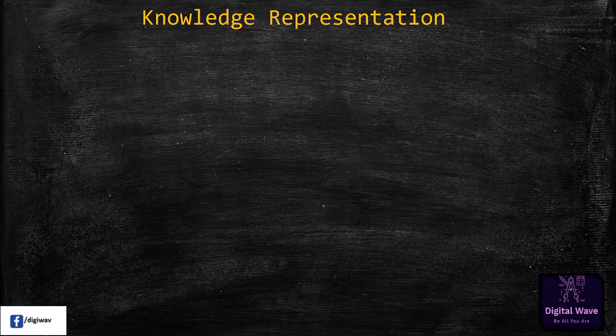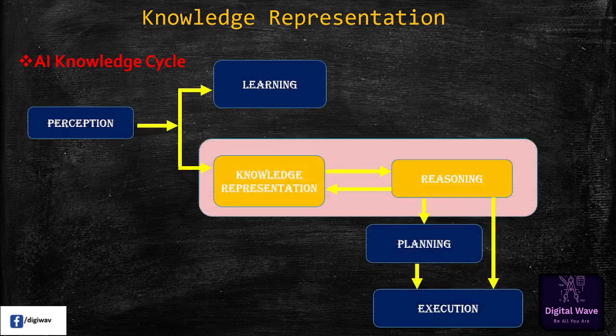This diagram shows how an AI system can interact with the real world and what components help it to show intelligence. The AI system has a perception component by which it retrieves information from its environment. It can be visual, audio, or another form of sensory input. The learning component is responsible for learning from data captured by the perception component.